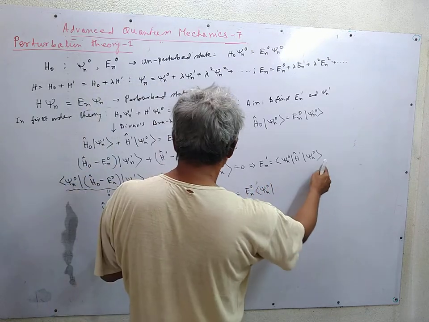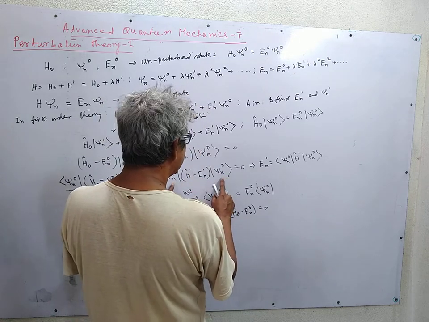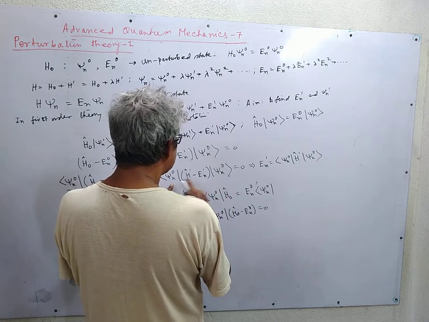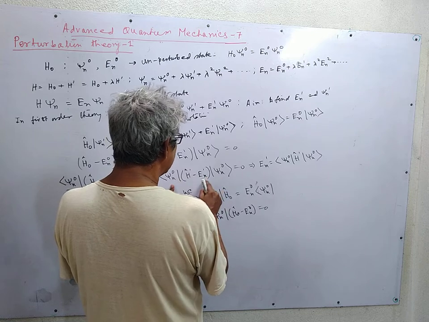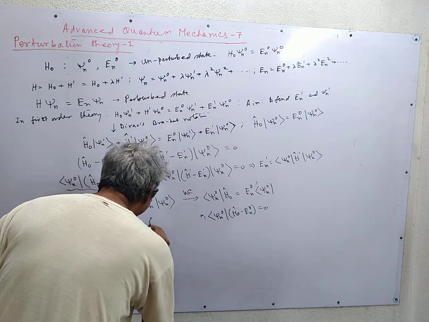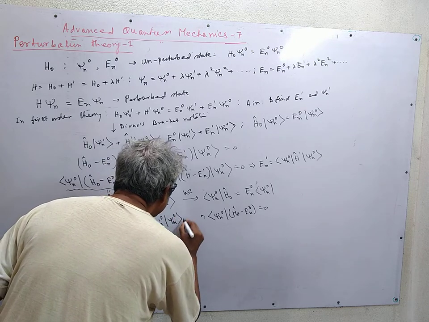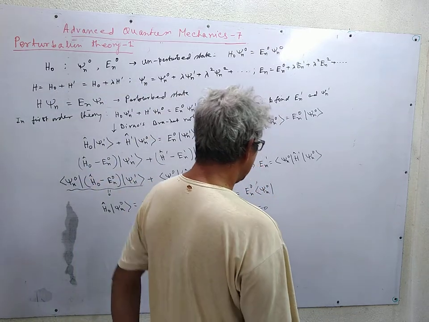So this is taken to the right hand side, and En being a scalar and the state assumed to be normalized. When we sandwich this between these two, being a scalar it is taken out. So we have simply psi n0, and this is due to normality 1. So this is the expression for the correction.